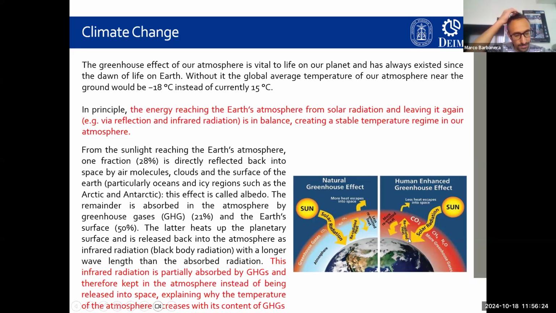This is the main environmental problem associated with the emissions of greenhouse gases into the atmosphere from anthropogenic activities. Okay, this is the main problem.